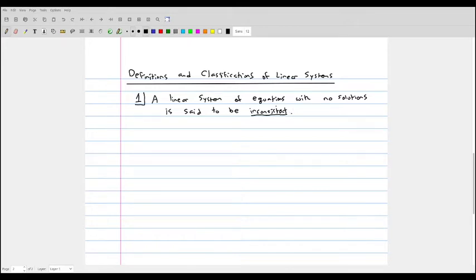So if you have a linear system and you can prove that it has no solutions, that system is an inconsistent system of linear equations.